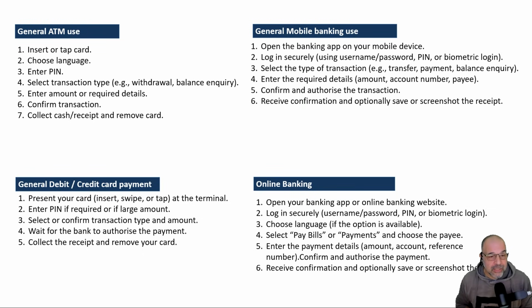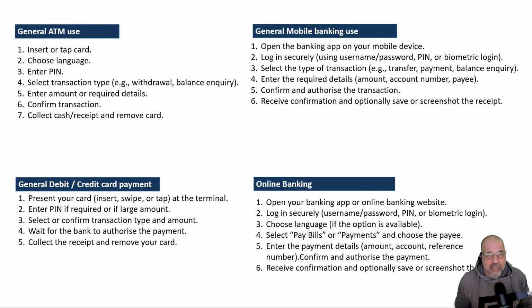Select or confirm transaction type and amount. Finally, you're going to wait for the bank to authorize the payment, collect the receipt and remove your card. So those are the 5 general steps. Of course, you're going to customize these a little bit depending on the scenario they give you.